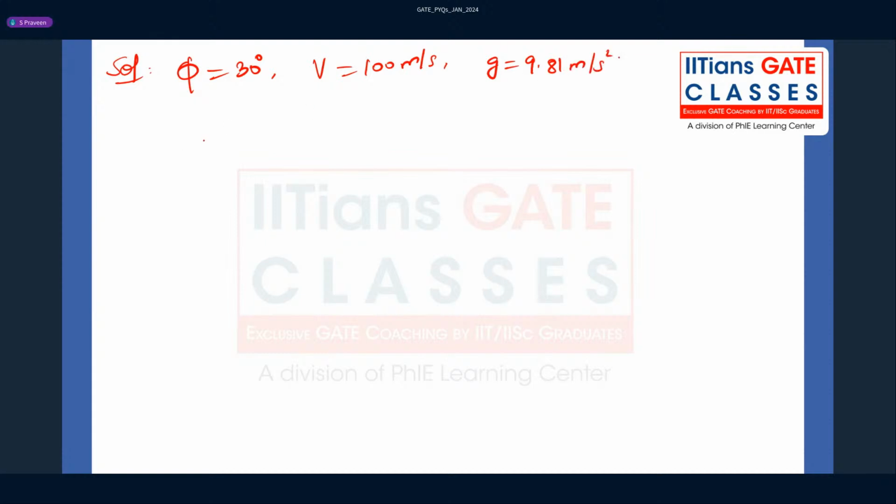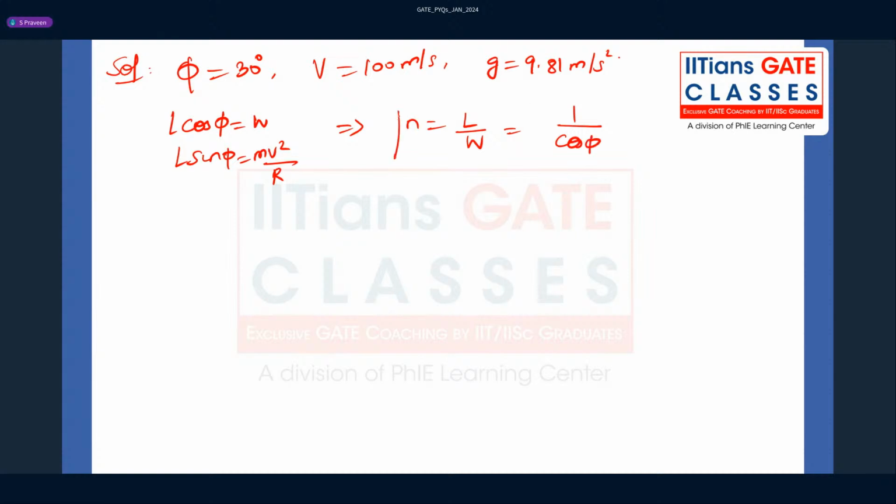From theory, for a level coordinated turn, L cos phi equals W and L sin phi equals m v squared by R. So I can write the load factor N as L by W equals 1 by cos phi.